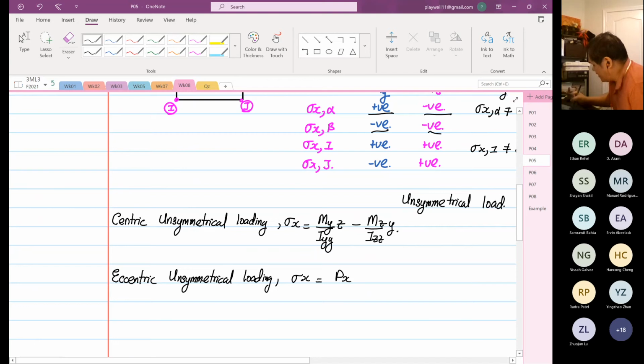It's equal to Px over A, plus my over Iyy multiplied by z minus mz over Izz multiplied by y. The first term is due to axial loading. Nothing changed, the concept is still the same, and the other terms are due to bending moment.